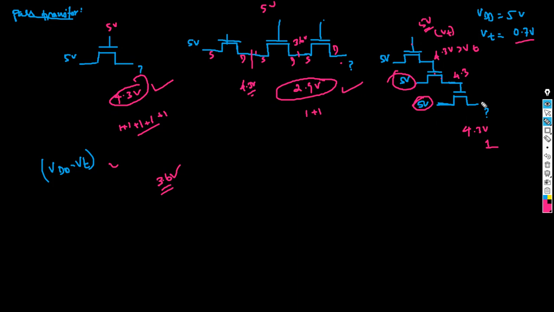Now your output is again going to be 4.3 volt. Okay, so this is how the voltage levels behave when you use NMOS transistors. Irrespective of the case, it is not helping you get 5 volt. This is the main reason that we don't prefer NMOS transistors in our designs.